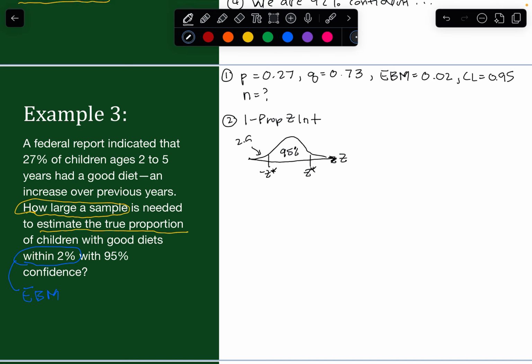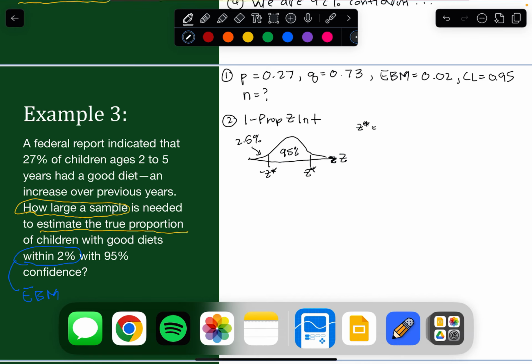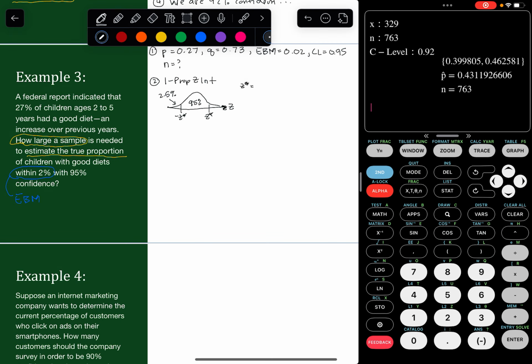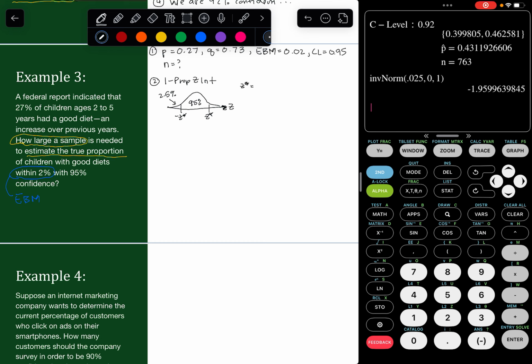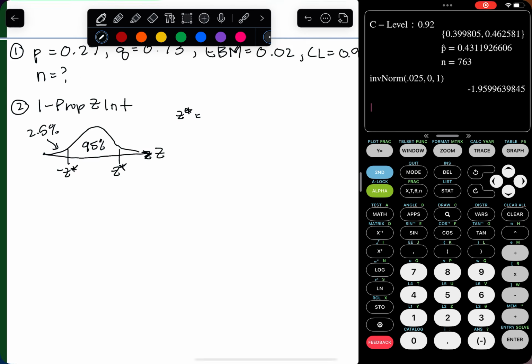Half of that's 2.5. So we'll go ahead and run inverse norm for that. So 0.02501, and we get 1.96, which we've seen before with a 95% confidence interval for a normal distribution.